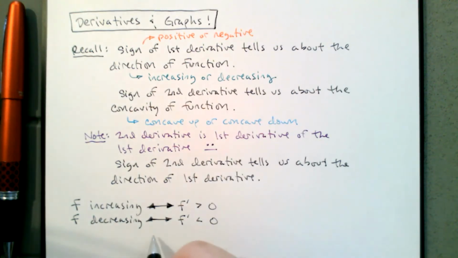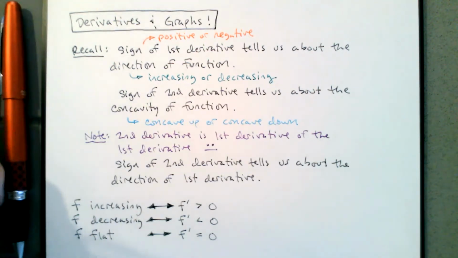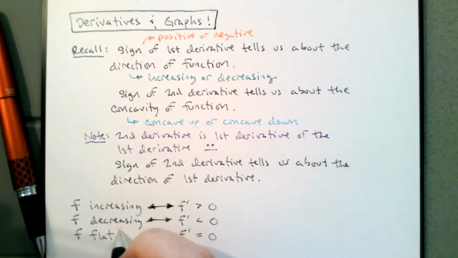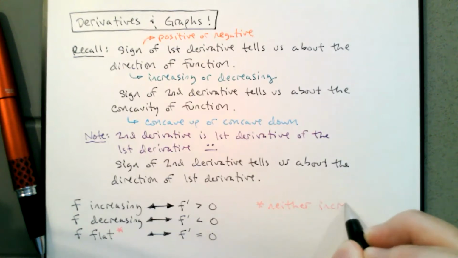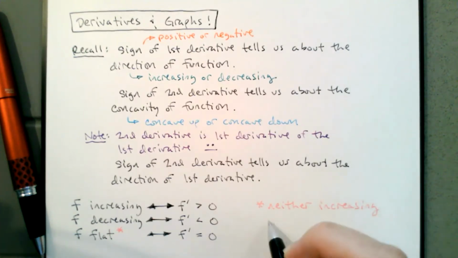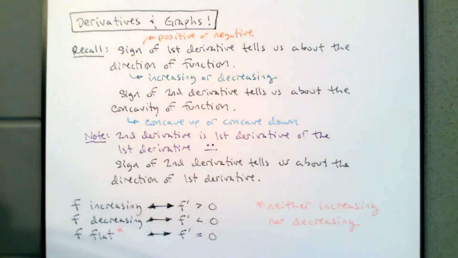So if the first derivative is equal to zero, the function f is flat, which means it's neither increasing nor decreasing.